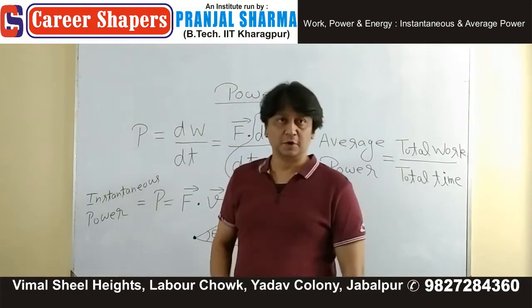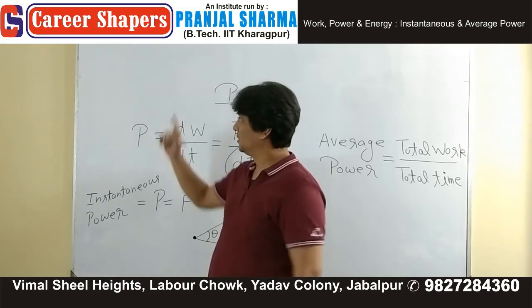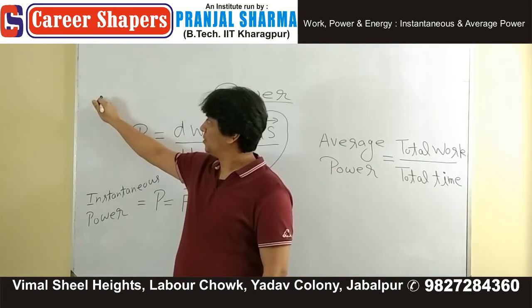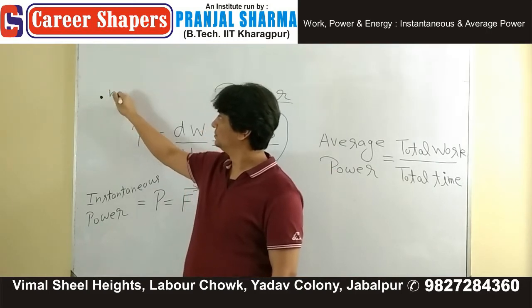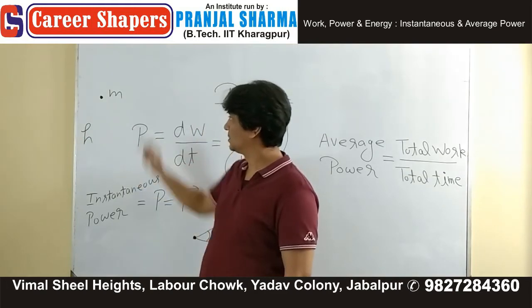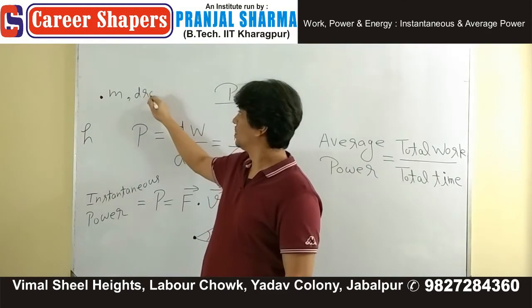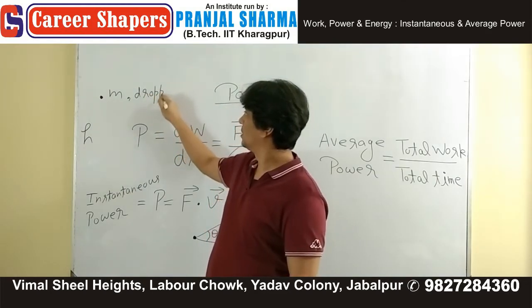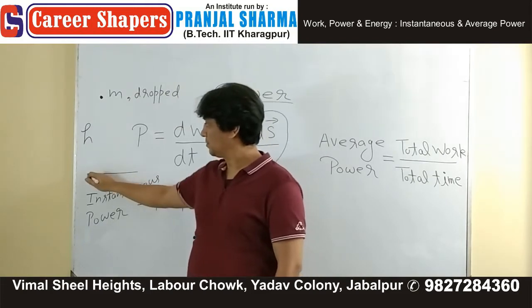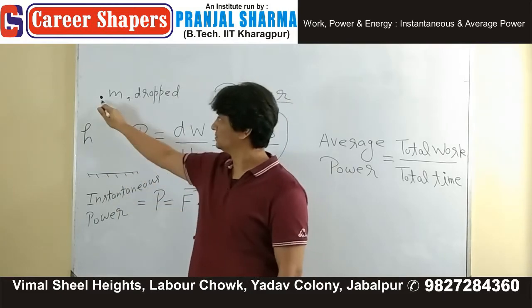We'll take an example to understand the meaning of instantaneous and average. Look, an object of mass m is dropped from height h. Dropped. And finally, it hits the ground surface.